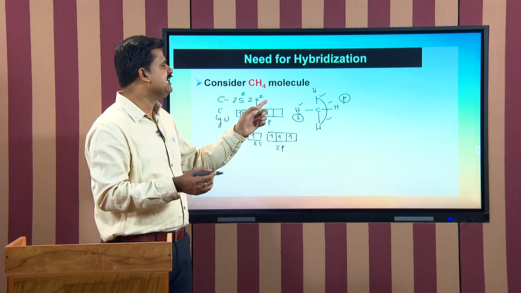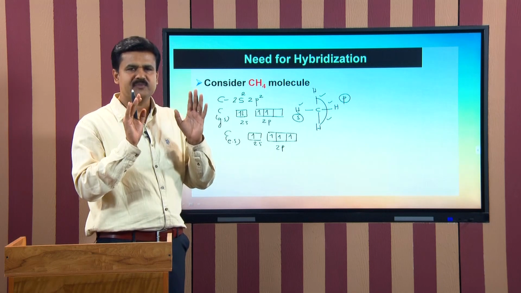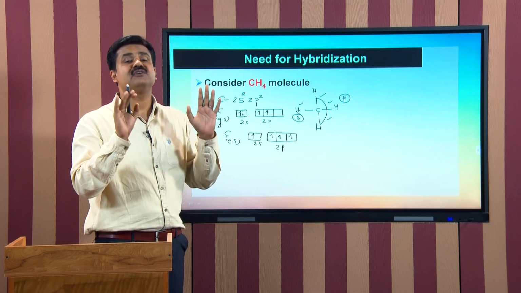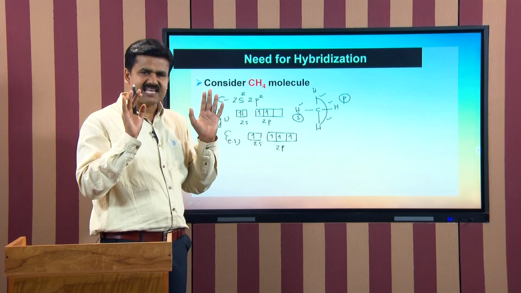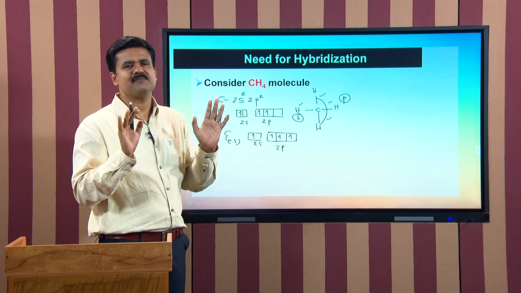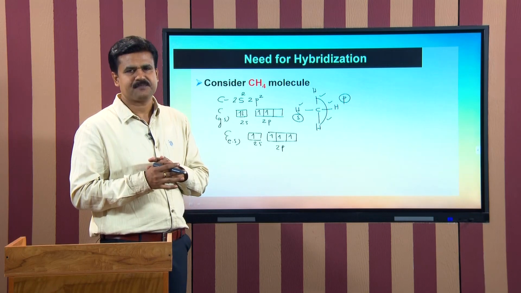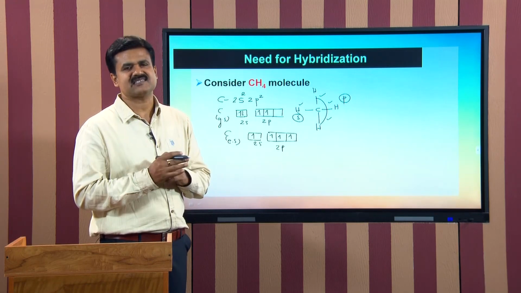But in CH4, it should be noted that all the 4 CH bonds are identical. They have more or less the same bond dissociation energy and their arrangements are the same.